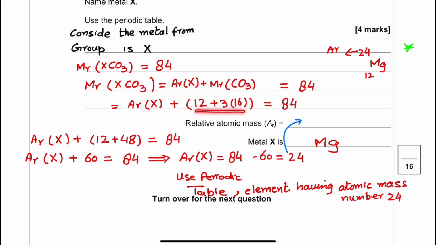We add all of these, it becomes 60. This 60 will go on the other side. In rearranging, we will get the relative atomic mass of X is 24. So this 24 is given here. If you use a periodic table, the element whose mass is 24 is magnesium. The student must use the periodic table to answer the question.